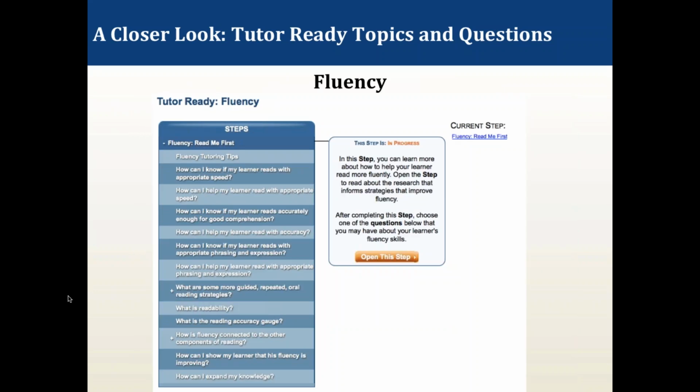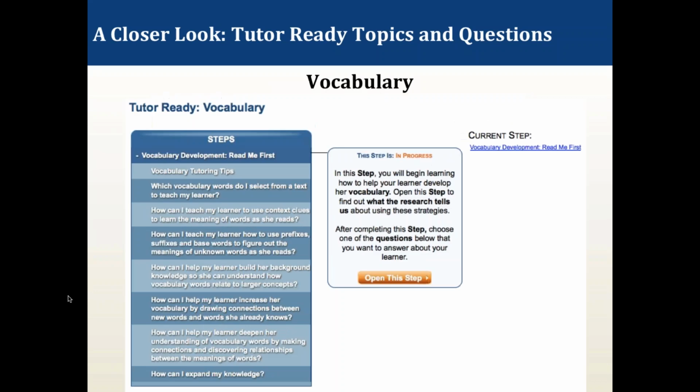And again, we have Fluency. They all start with a read me first introduction, and then they all have tutoring tips at the beginning. After the questions, there is always a last question, which is, how can I expand my knowledge? That leads you to other resources that will encourage you to continue your learning in other places. And vocabulary, same thing.